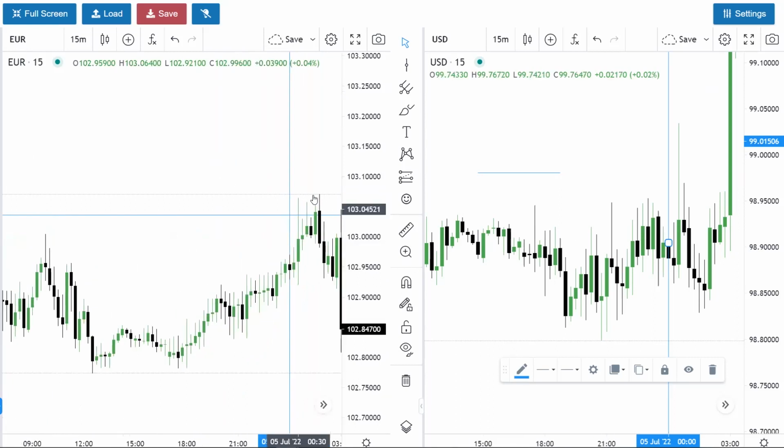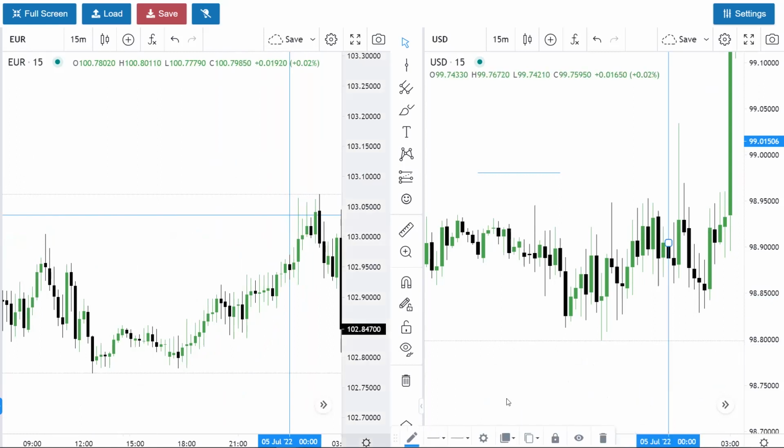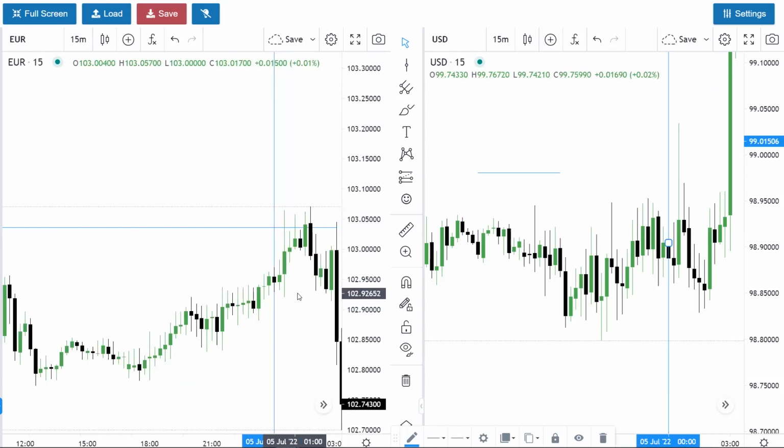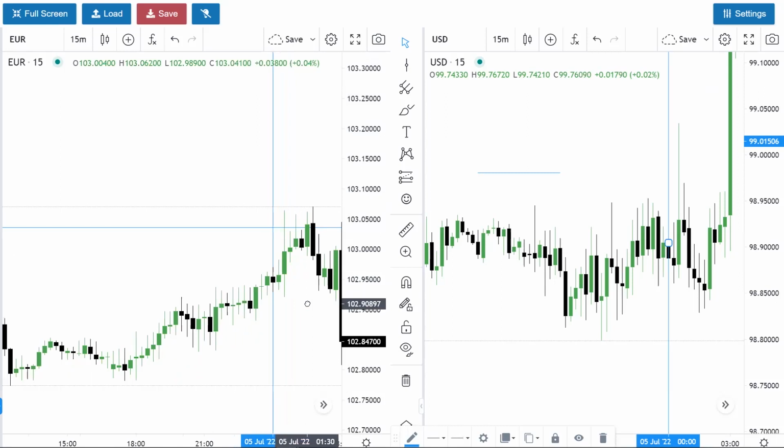You'll see the same thing happen on the dollar as well. Once you see this one, where is the manipulation? At this time, 45 minutes past 1 o'clock in the morning, that's when we have this candle after running above this high.